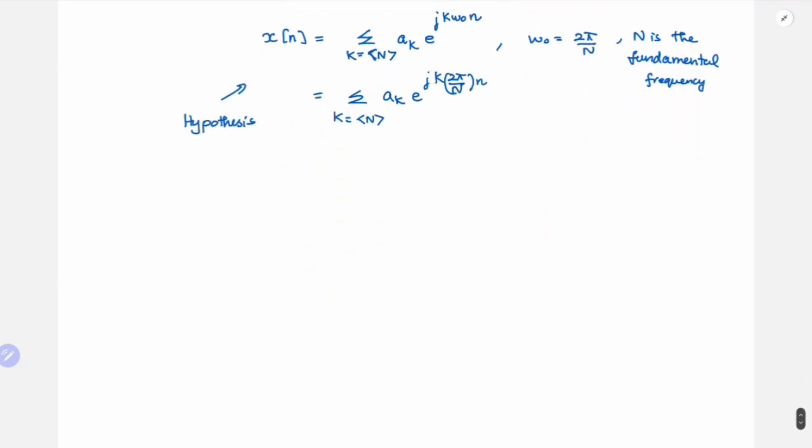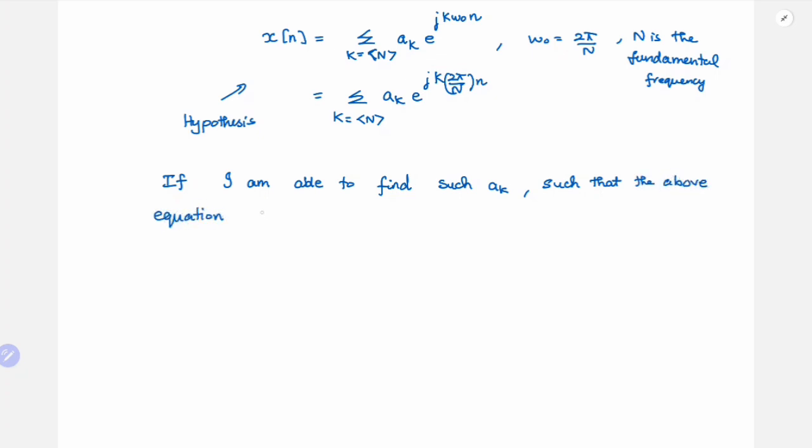And if I'm able to find such a_k such that this equation holds true, then I can say the above expression is valid.